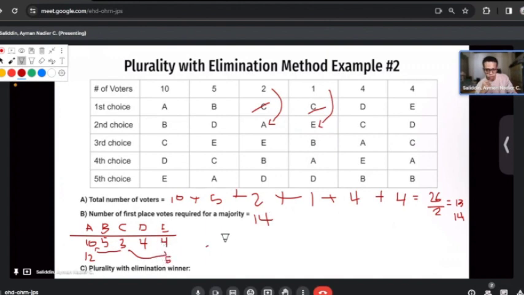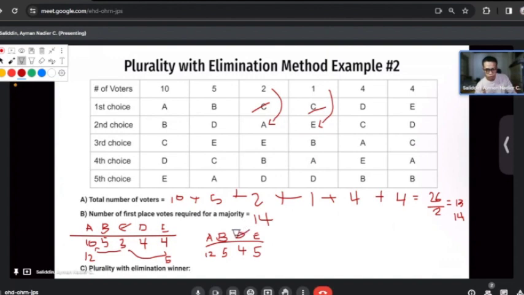So with the new chart, we're going to have A, B, D, and E. Since C has been eliminated, C won't be appearing in this chart anymore. So now the numbers are 12, 5, 4, and 5. We still haven't reached 14, so now we're going to have to eliminate again.